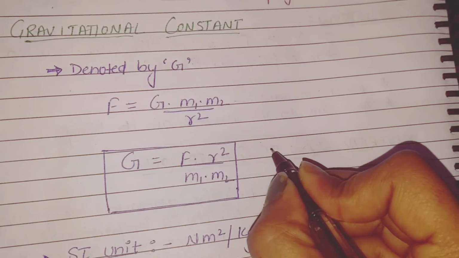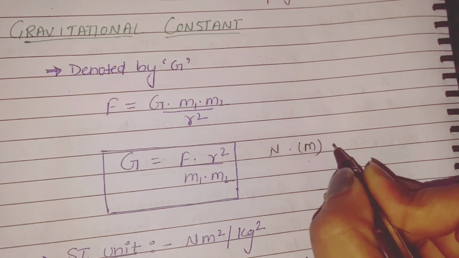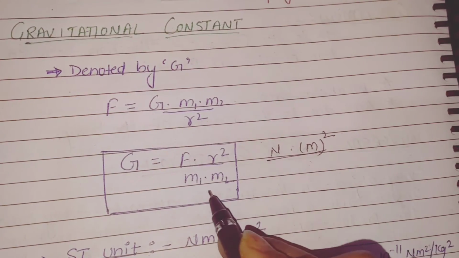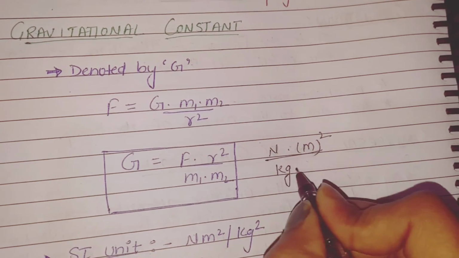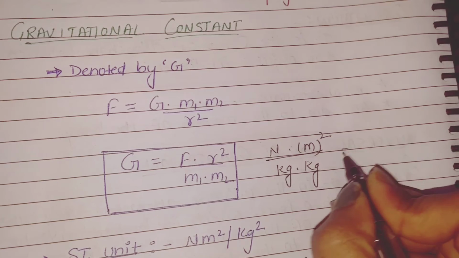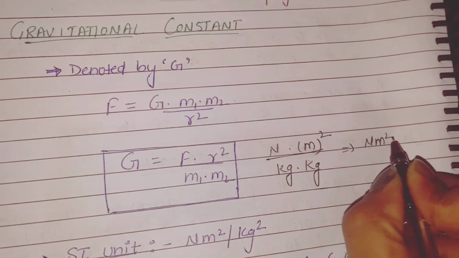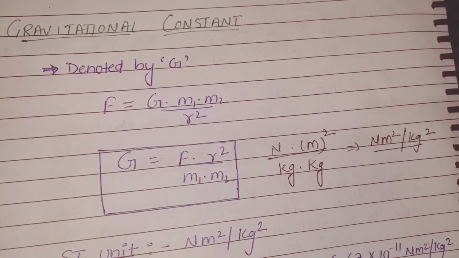The SI unit of force is Newton and the SI unit of distance is meter, as this is meter square. And what about the SI unit of mass, students? It is kg. So from this you get Newton meter square per kg square. I hope it is clear, students.